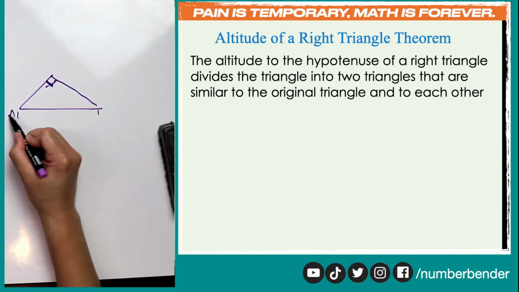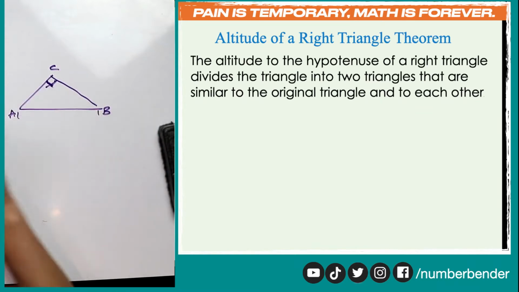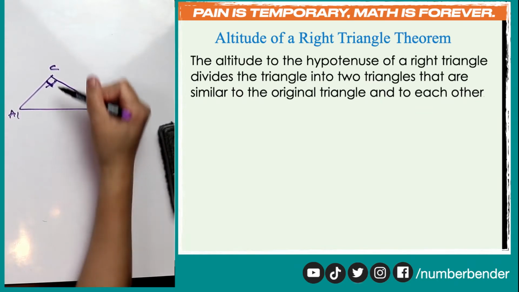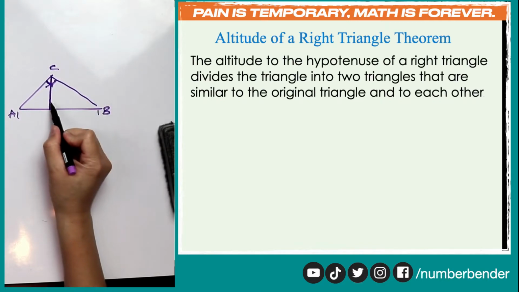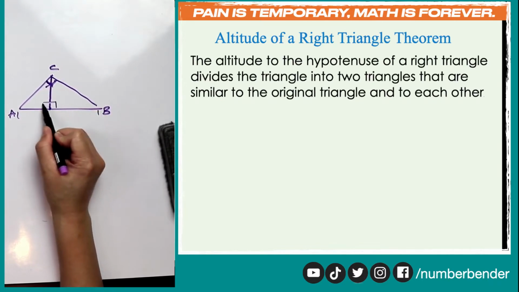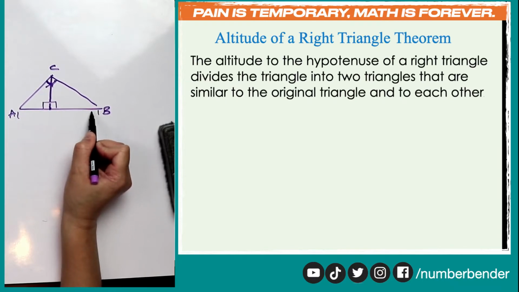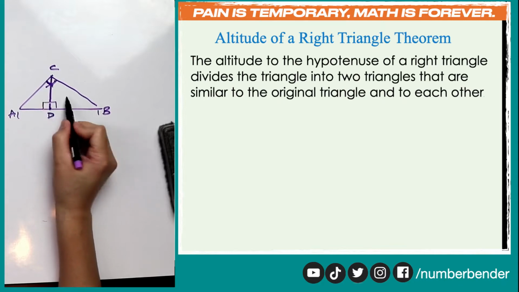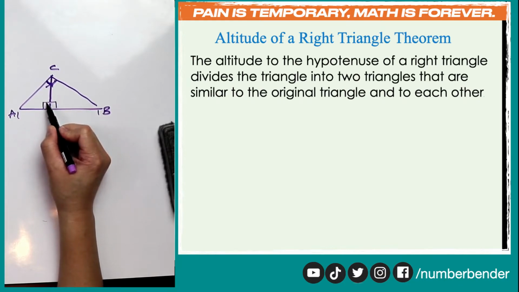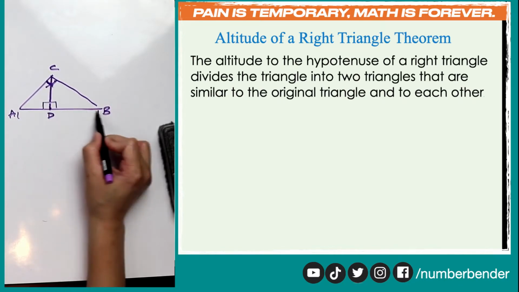Let's call this triangle ABC, and let's say that we know the altitude or the height of our right triangle, which we know is perpendicular to the base or the hypotenuse of our right triangle. Therefore, we'll be able to produce two subtriangles that are considered to be similar to our main triangle.